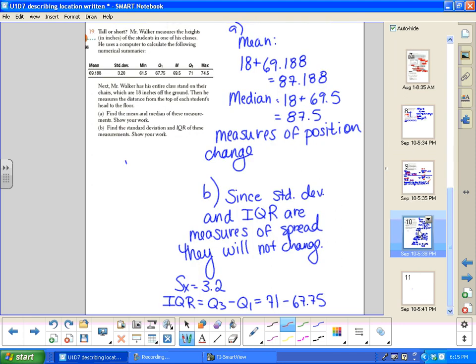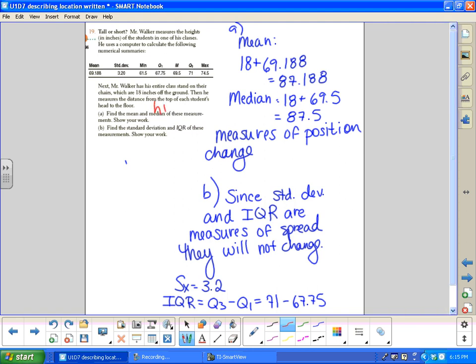All right, so here we have the heights of all the students in Miss Walker's class, and then they had them stand on a chair which is 18 inches off the ground. So what they've done is they've added 18 inches to their height. So it's going to be the height plus 18. Now we want to know what are the mean and median. I know that mean and median are measures of position, right?